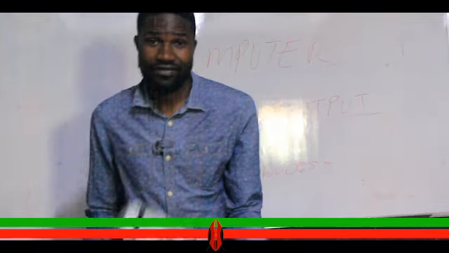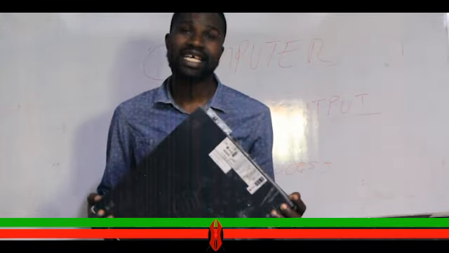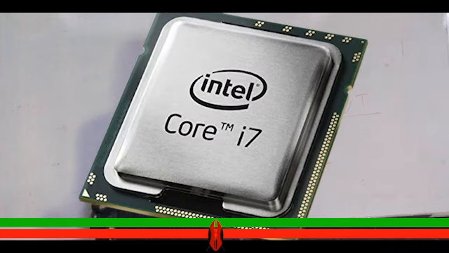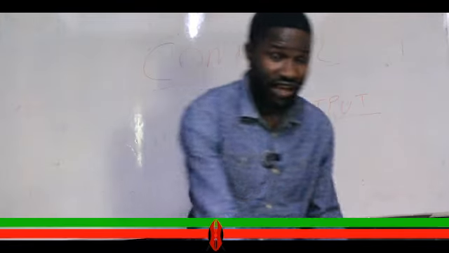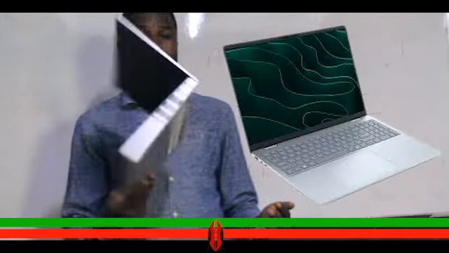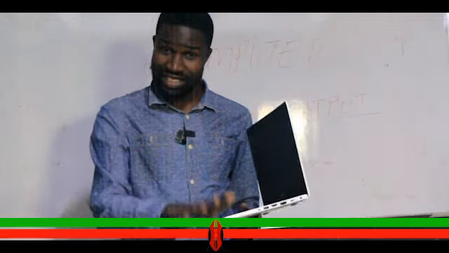Next, we have the CPU. This is the computer CPU, also known as the Central Processing Unit, with the brain of the computer inside it. This is hardware. We have the laptop. The laptop is hardware because it is tangible.